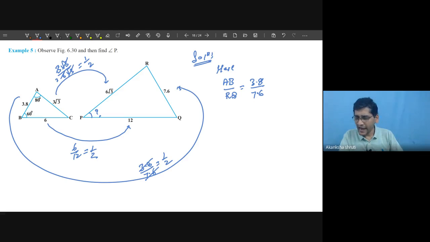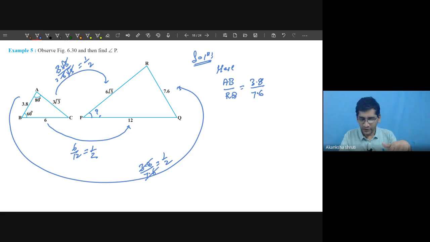In the beginning I had explained why I have taken this AB by RQ. Why not AB by RP? Because keeping this BC and PQ ratio fixed at 1/2, if we are taking AB by RP, it will not give the ratio 1/2. So these things you have to understand mentally, then you have to write.